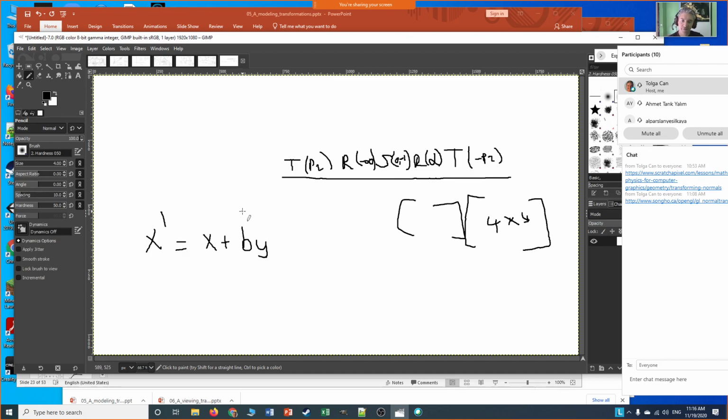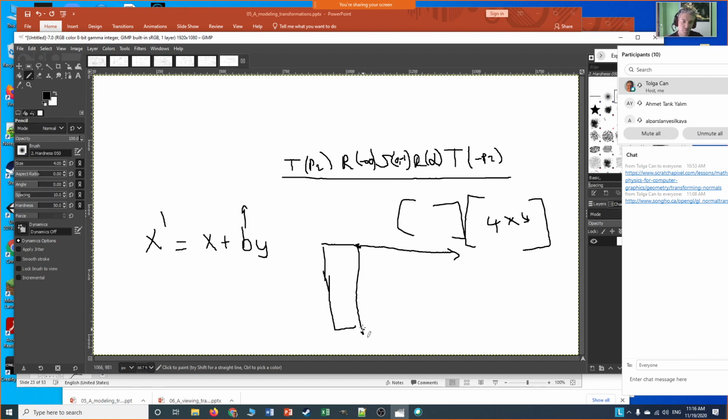This b can be any constant. It's the shear factor that we apply on y. So the larger the y coordinate, if you have an object like this, the more it will move towards the right if it's positive.